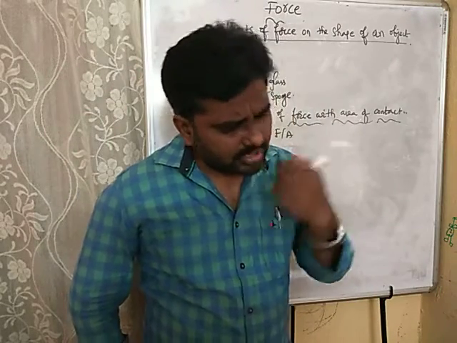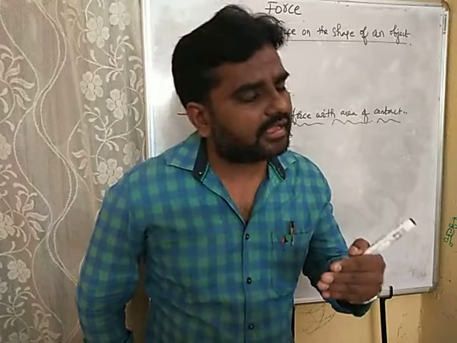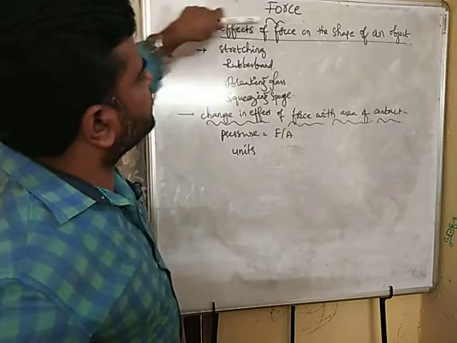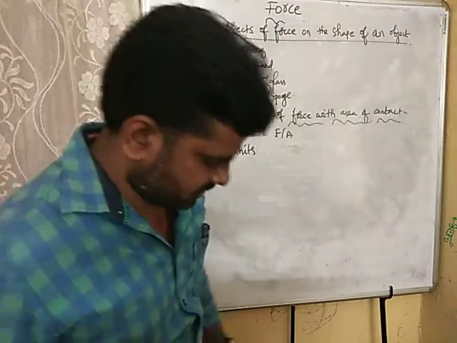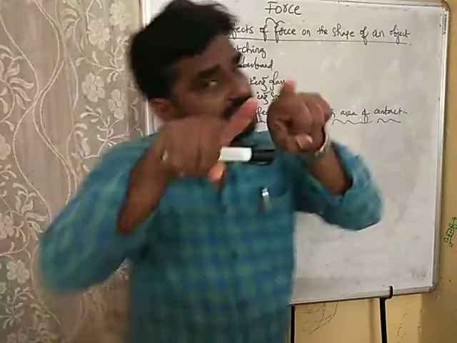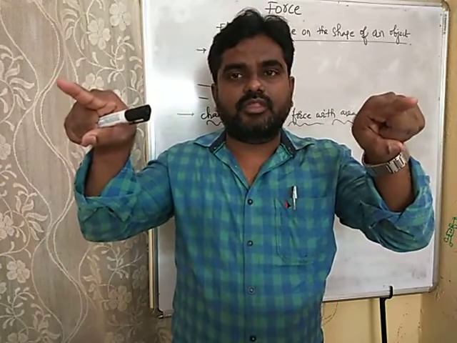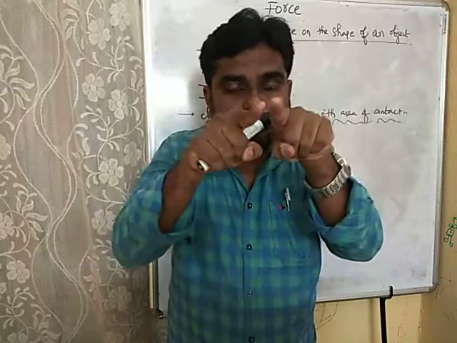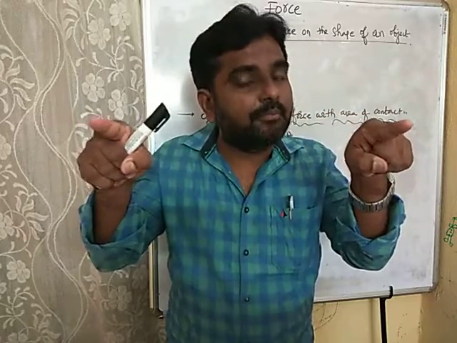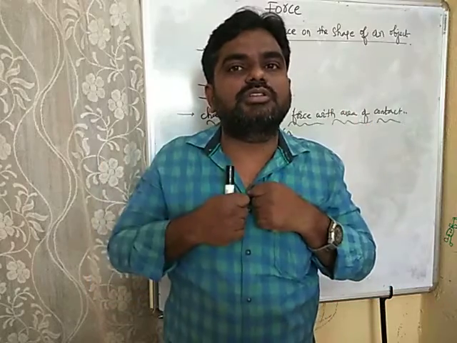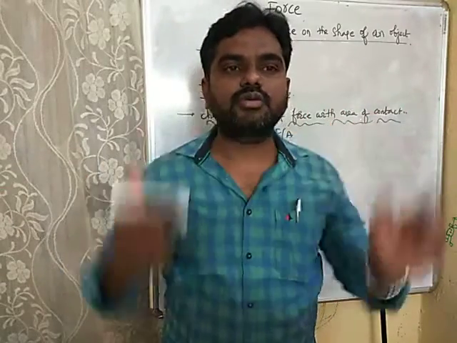Now what happens when you apply some force on some particular objects? I have given here some examples. Effects of force on the shape of an object. For example, if you apply some force and stretch a rubber band, what happens? Yes, your answer is right. The rubber band will be stretched, but immediately when you release the force, the rubber band comes to its original position.